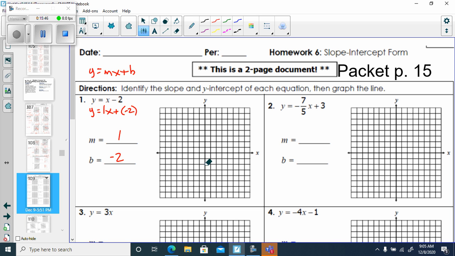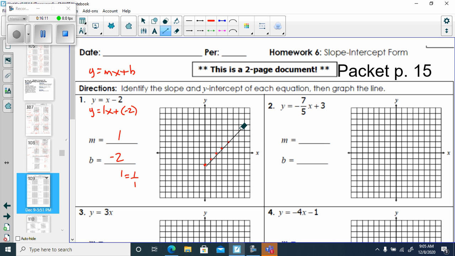Let's start at negative 2. And then let's use our slope. Rise over 1. If our slope is 1, that's equal to 1 over 1. Up 1 over 1. Up 1 over 1. See how I'm using the slope to figure out where to plot it? And then, guys, I can put a line through these.